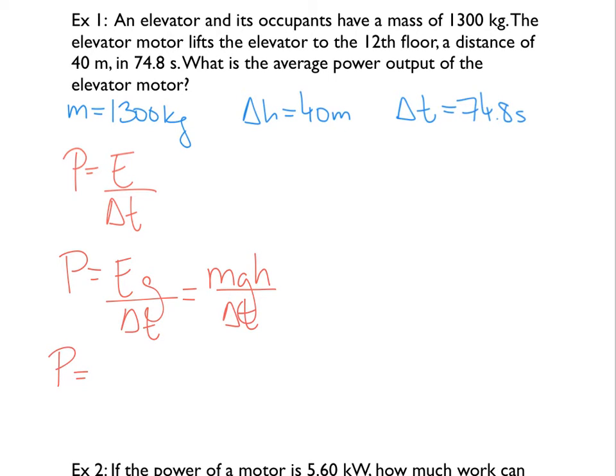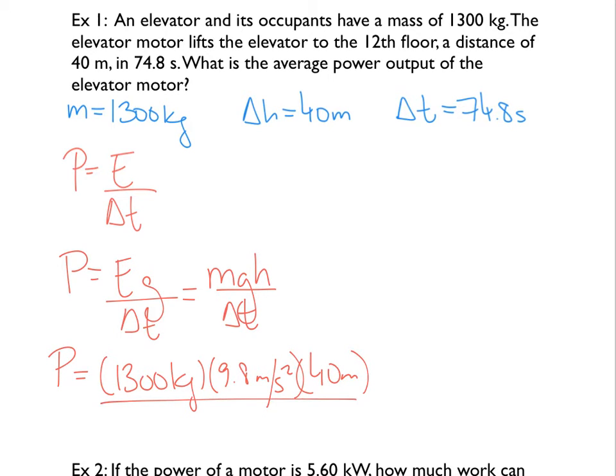So if we sub in our values, that's our mass. Our gravity is always 9.8 meters per second squared, and your height is 40 meters, and your delta T is your time that's elapsed, so that's 74.8 seconds.